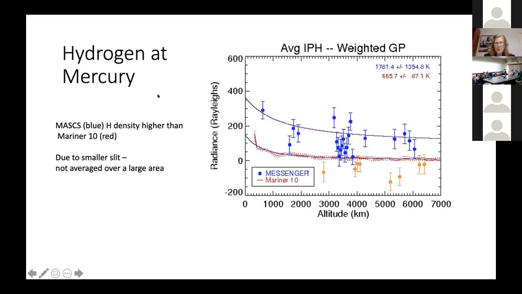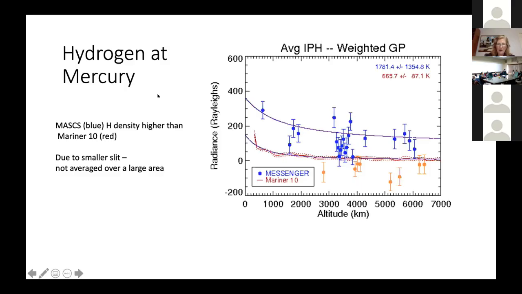And the reason we think is because Messenger had a smaller slit, and Mariner 10 had a very, very big slit, and probably averaged in a lot of area that really had no hydrogen. One thing that makes it difficult to reduce Lyman alpha observations is that the interplanetary hydrogen is the background.